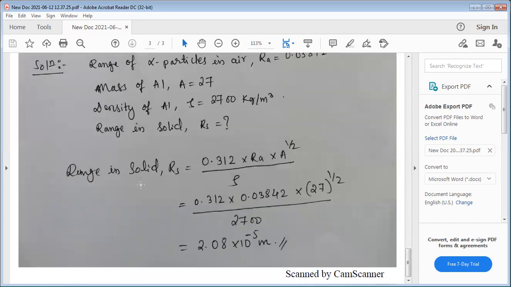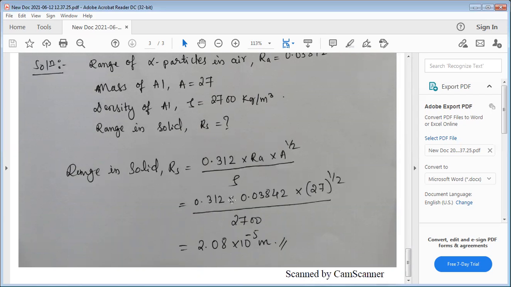So you know that the range in a given solid is equal to 0.312 into the range in air into the atomic mass number of that element divided by the density of that element or that solid.